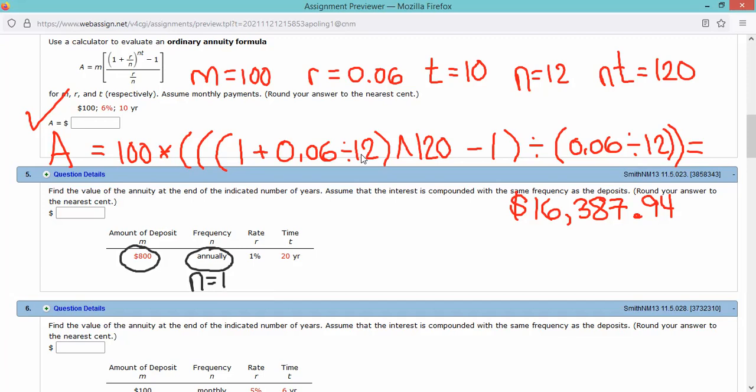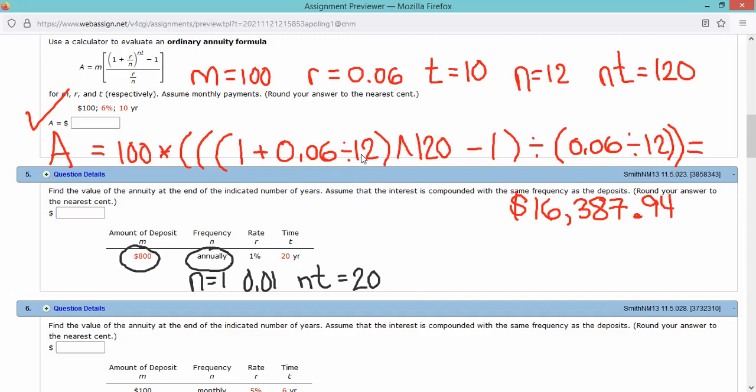And then the interest rate is 0.01 at a time of 20 years, which is also an NT of 20.